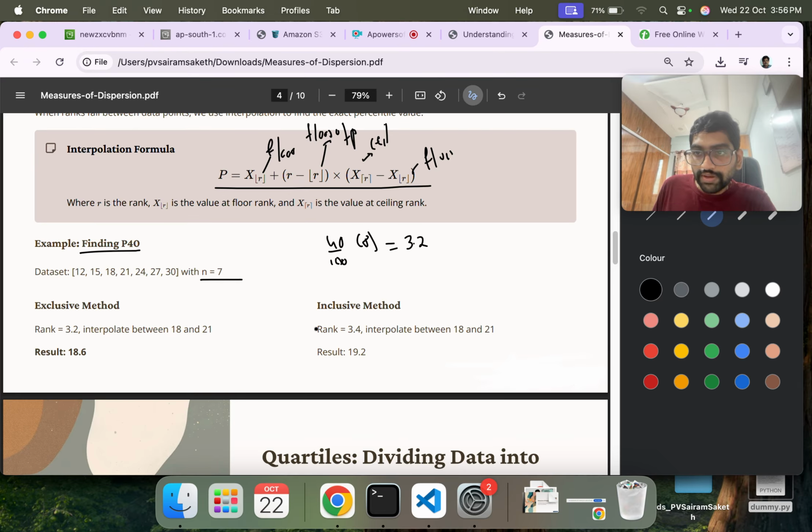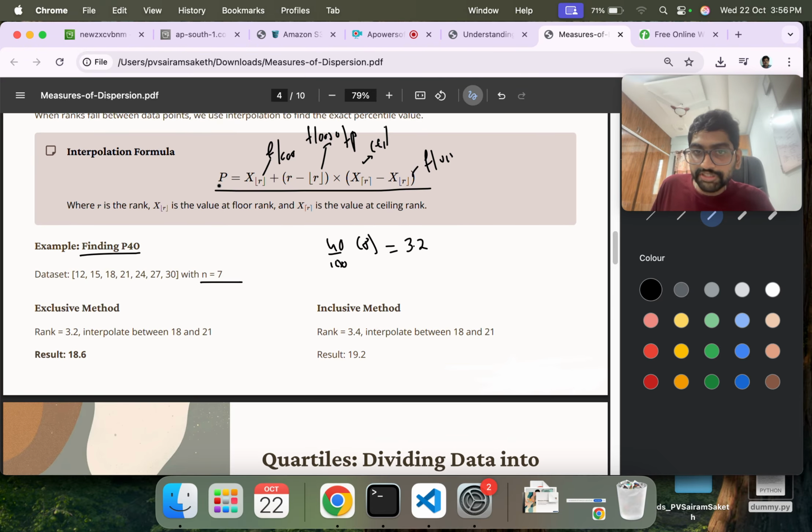So when you solve by using this interpolation formula, either the third or the fourth value you will get. The third value here is 18, the fourth value is 21. So if you want the actual value, you will be using this exclusive approach.